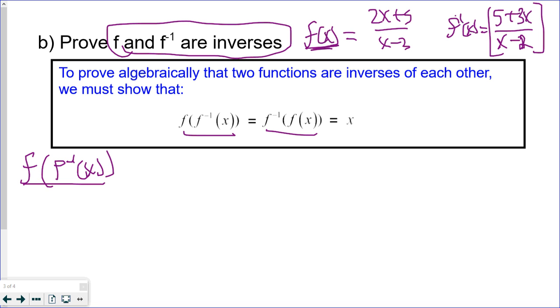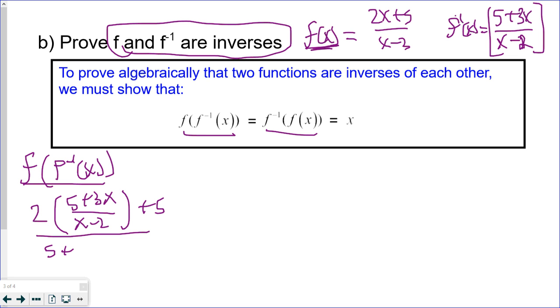Okay, so this is going to be 2, and instead of x, we're going to plug in, ready for this, 5 plus 3x over x minus 2, and that is plus 5, over, and instead of x minus 3, this is going to be 5 plus 3x over x minus 2 minus 3.